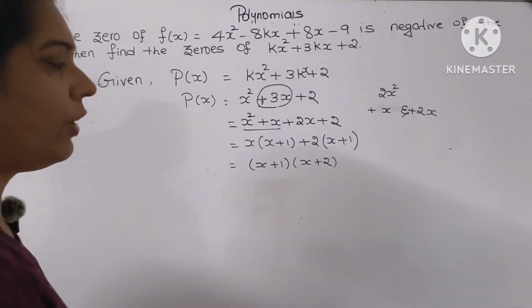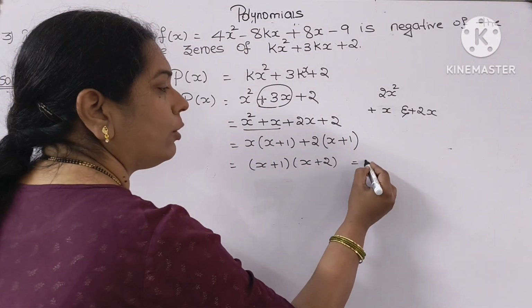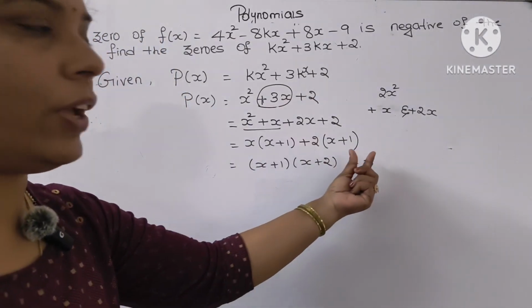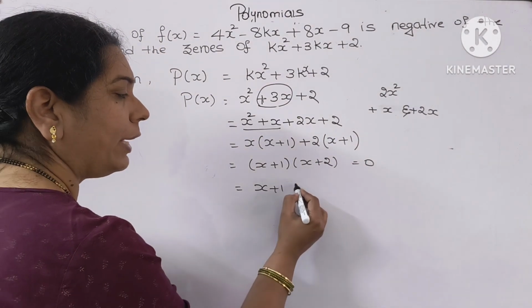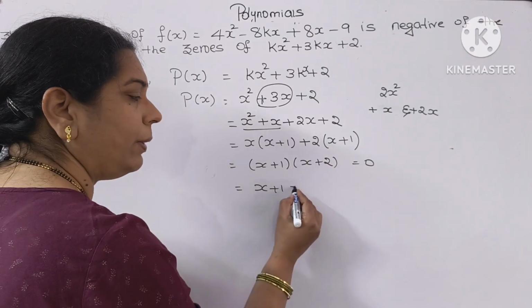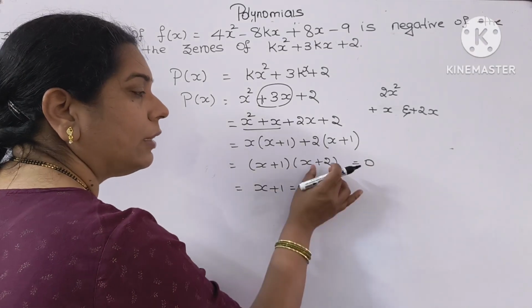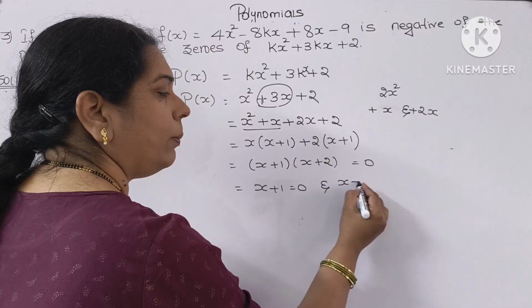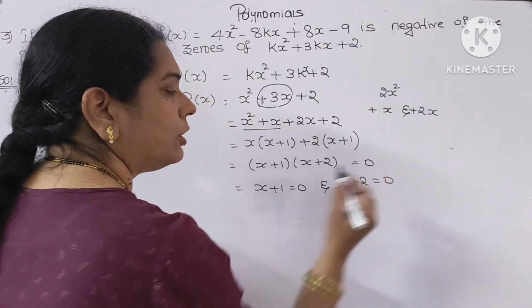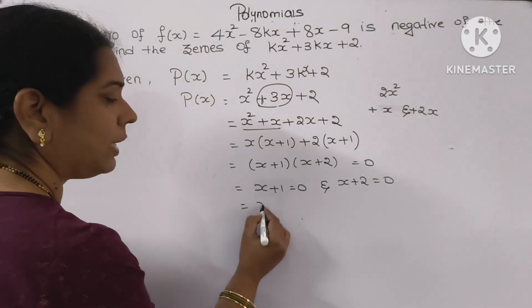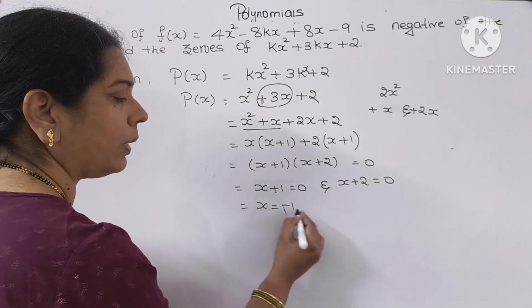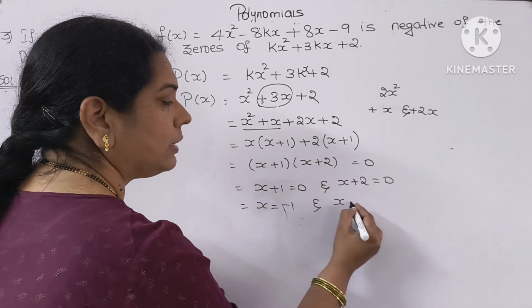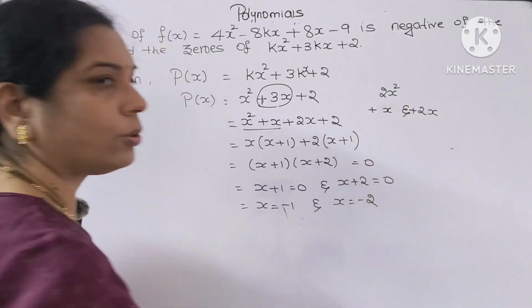Now once you get the factors, you equate them to 0. The moment you get the factors, equate them to 0. What does it mean? It means that the first factor x plus 1 will be equal to 0 and the second factor also will be equal to 0, which means x is equal to minus 1 and x is equal to minus 2.